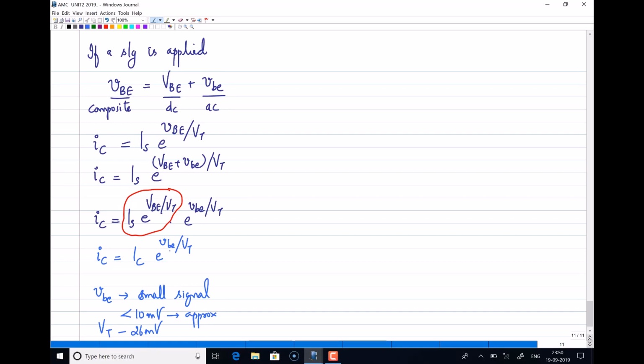e to the power of x can be written as 1 plus x if x is very small, right? So in that way I can write iC equal to IC into 1 plus vbe by VT.